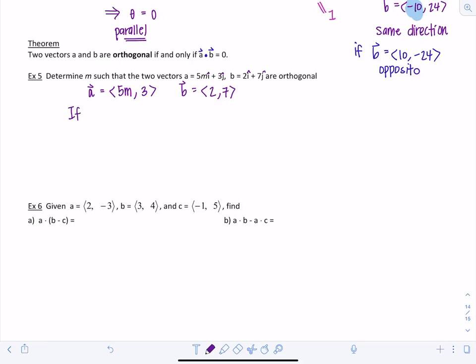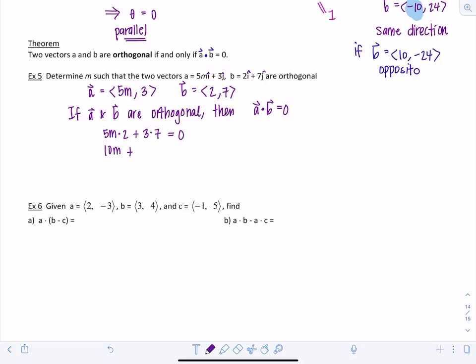Well, if A and B are orthogonal, then by our theorem, A dot B should equal 0. So A dot B would be 5m times 2 plus 3 times 7, and I'm going to set that equal to 0.